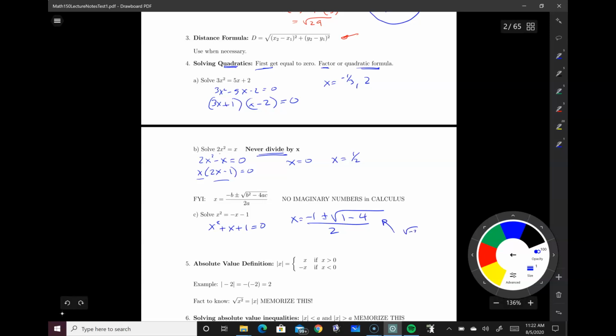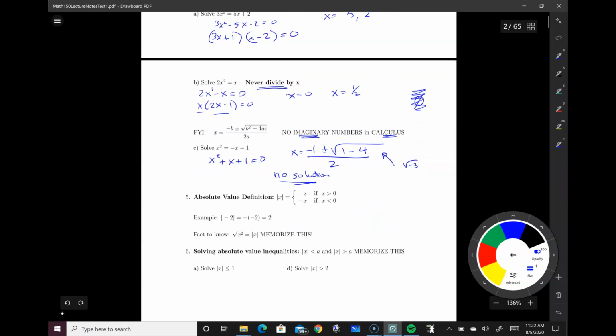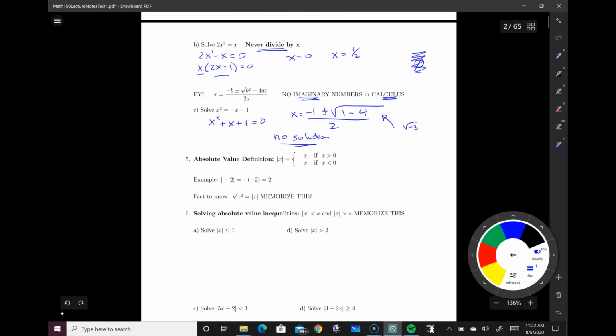I get root -3. So there are no imaginary numbers in calculus. We don't use i at all. So we say no solution. Okay, this little circle with the line through it, that's actually set notation, so we're not ever going to use that. So if it's no solution, we say no solution. All right, let me stop there.